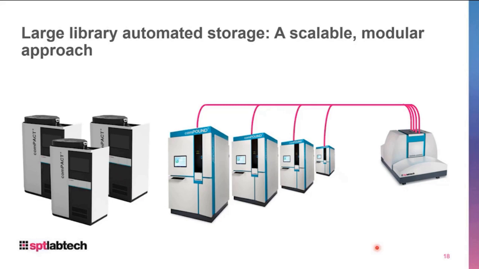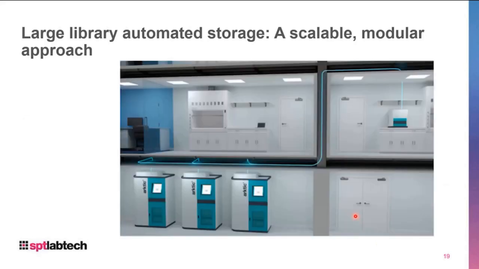Or, which is probably better shown by Arctic, you can separate the physical instruments from where you want to work with the samples in the lab. This is an example of a modular biobank where we've attached multiple Arctics to a single input-output device in a laboratory.